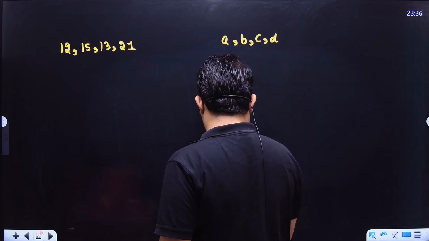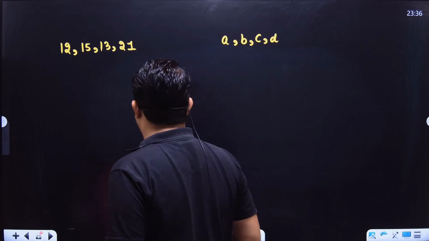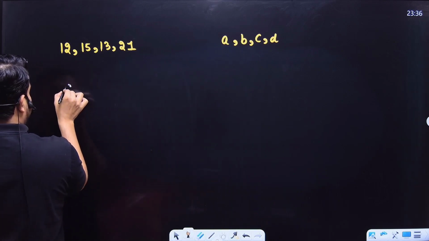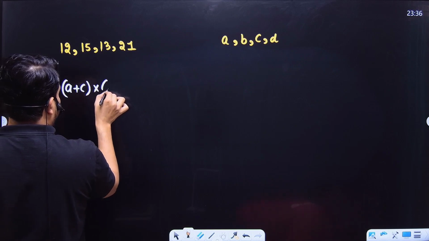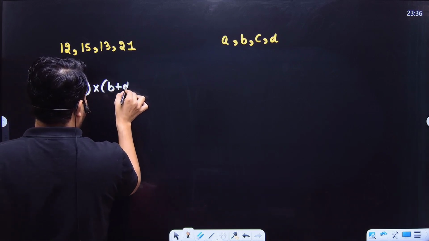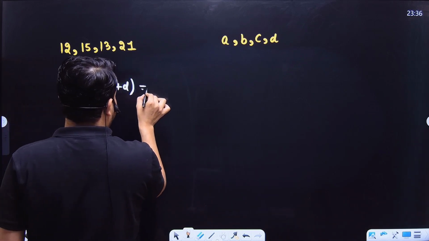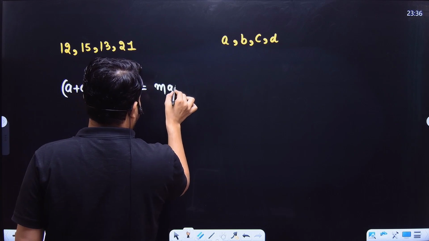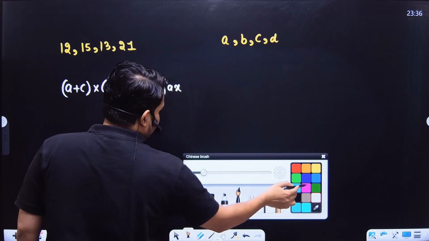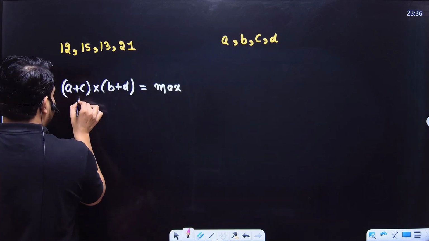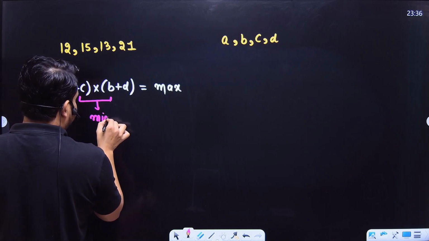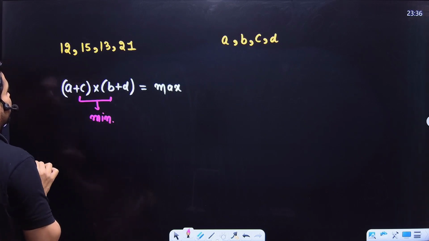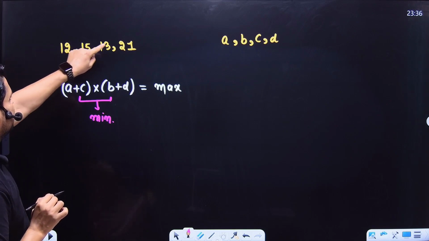You have to write the maximum value of (A plus C) into (B plus D). These numbers are not in sequence, guys. You will make this difference minimum. How will you make it? You will add the smallest and the greatest value.